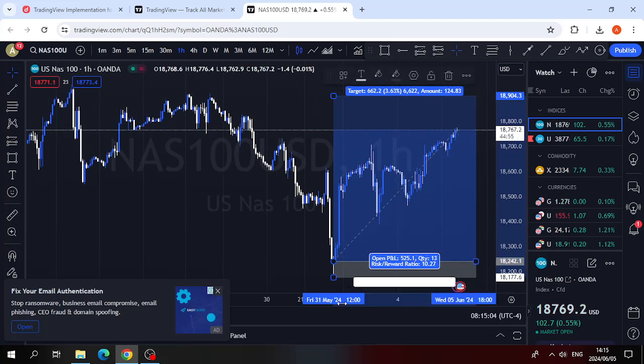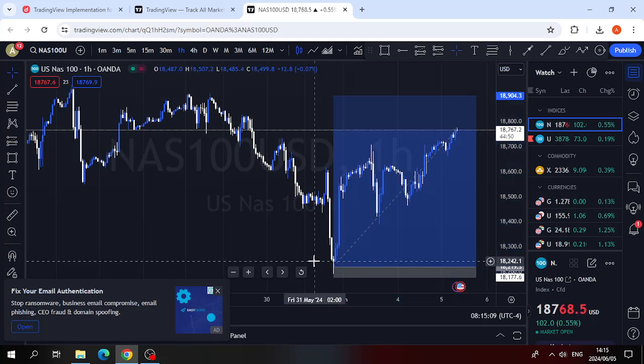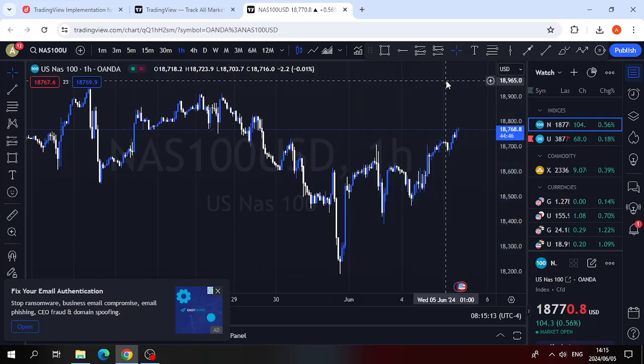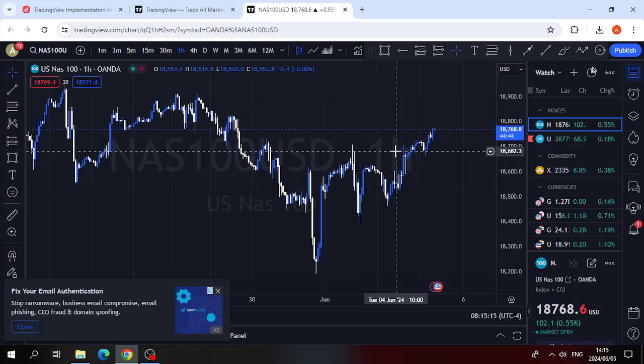The fact that you were able to enter where the market turned is basically a sniper entry, for those who don't know.